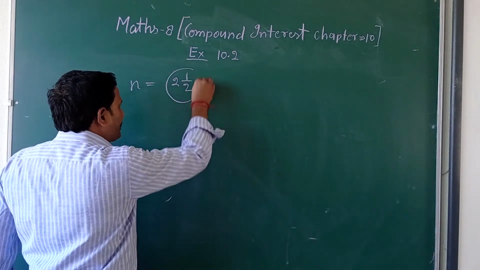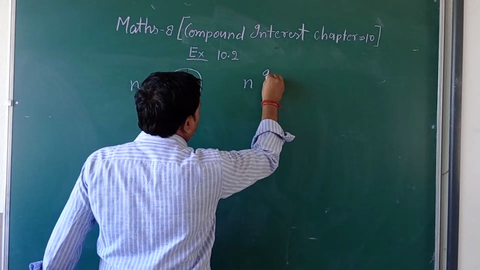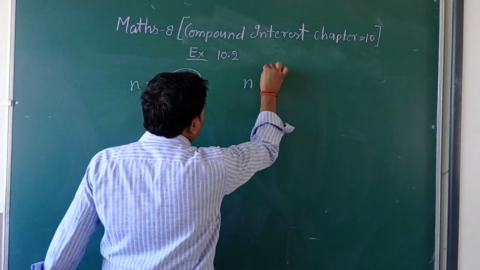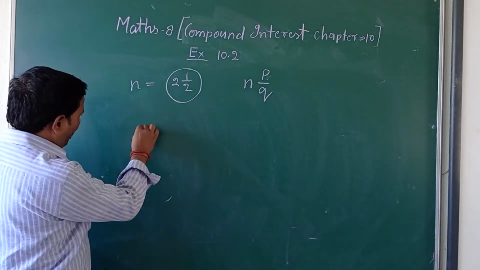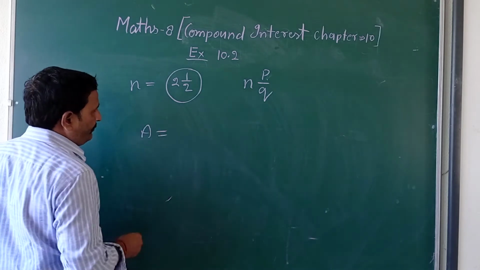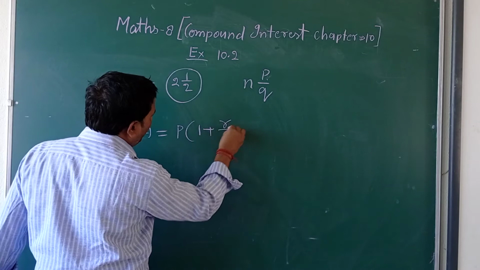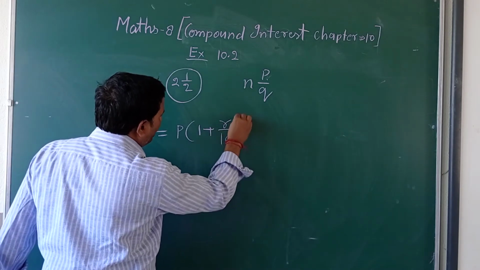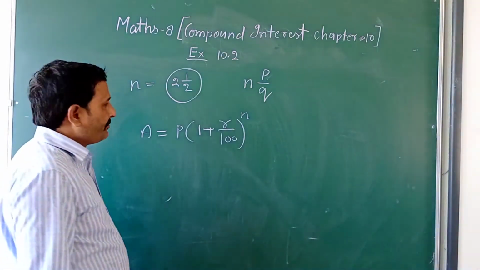If given in a mixed fraction, suppose n and p by q, then amount will be P(1 + R/100) to the power n, the whole number part.